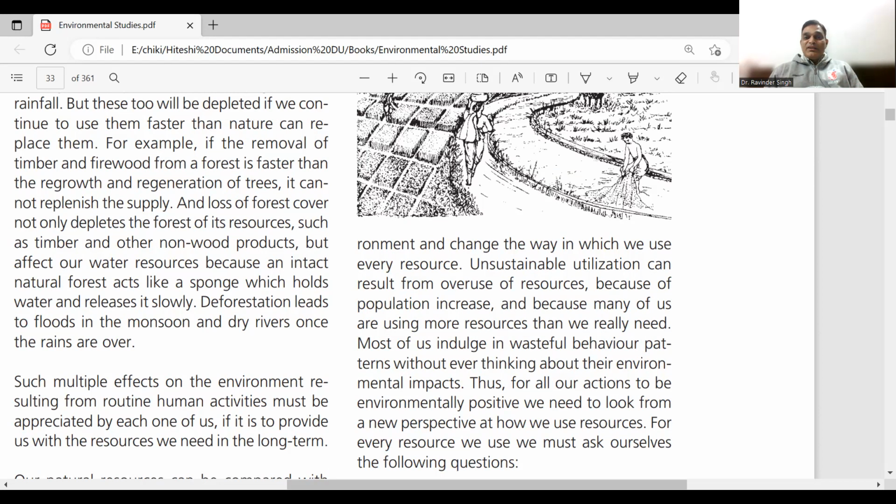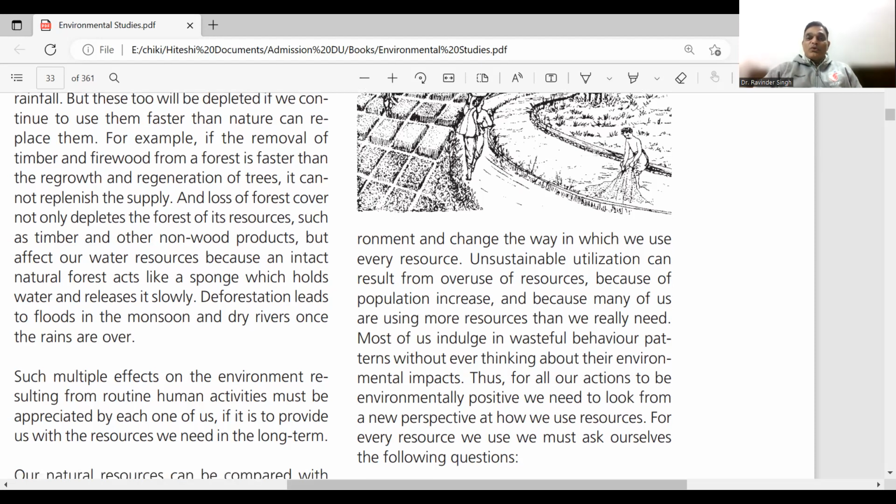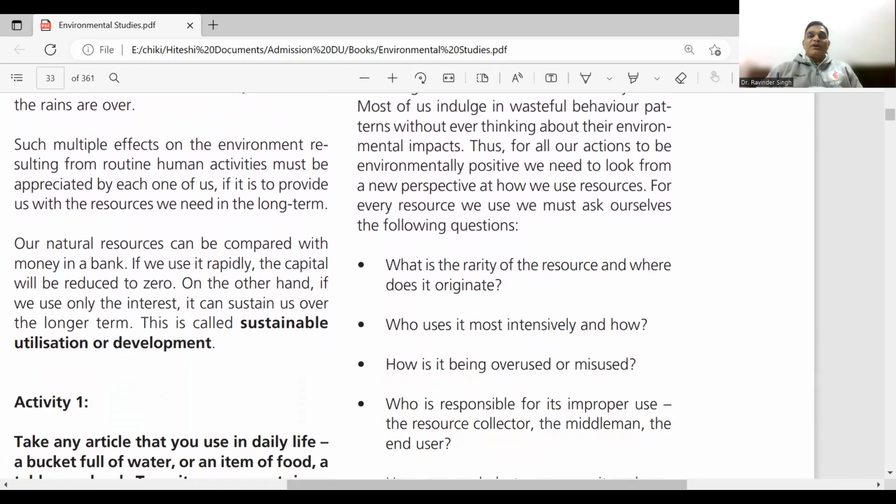Most of us indulge in wasteful behavior patterns without ever thinking about their environmental impacts. Thus, for all our actions to be environmentally positive, we need to look from a new perspective at how we use resources. For every resource we use, we must ask ourselves the following questions.